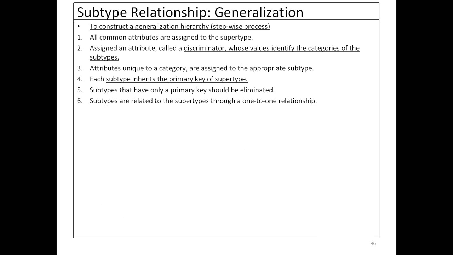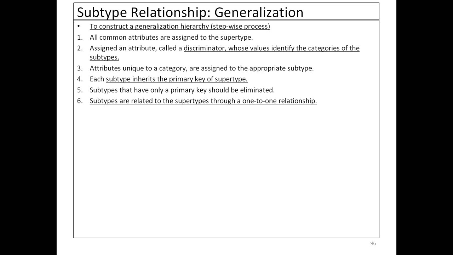To construct a generalization hierarchy, follow a stepwise process. All common attributes are assigned to the supertype. Assign an attribute called a discriminator, which is an additional attribute whose values identify the category of the subtype.